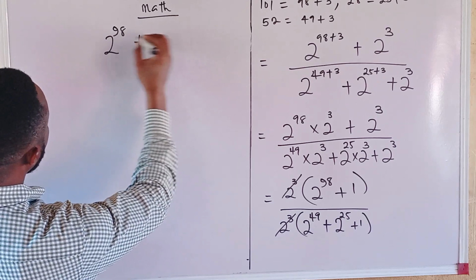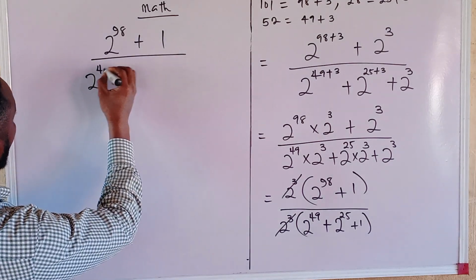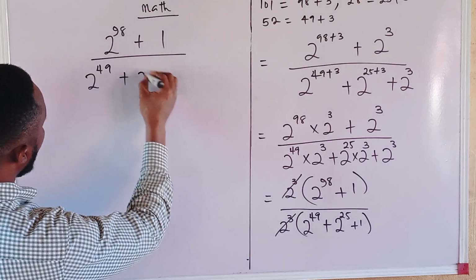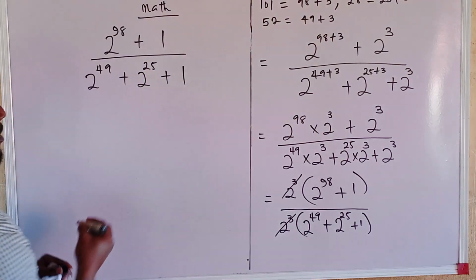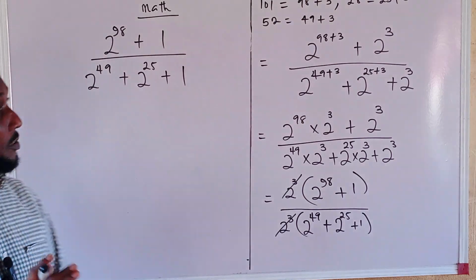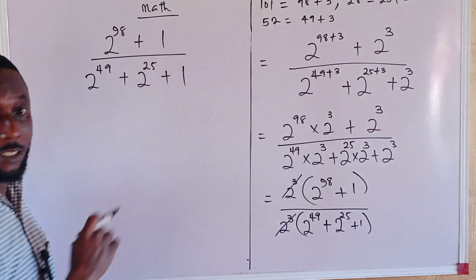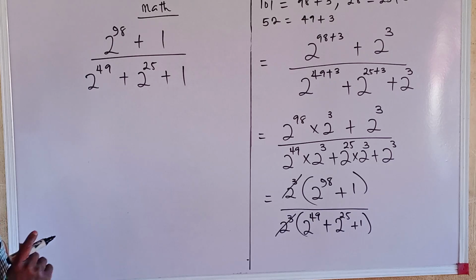We have 2 to the power of 98 plus 1 all upon 2 to the power of 49 plus 2 to the power of 25 plus 1. Like I said, it will take only a genius to be able to factorize it. So, therefore, we shall switch to algebra.